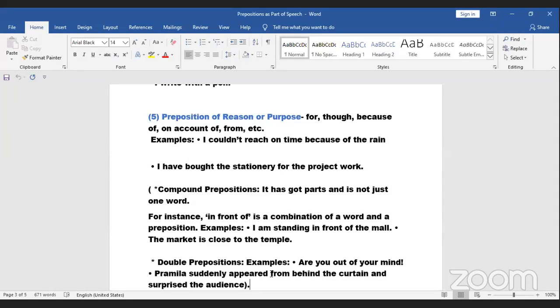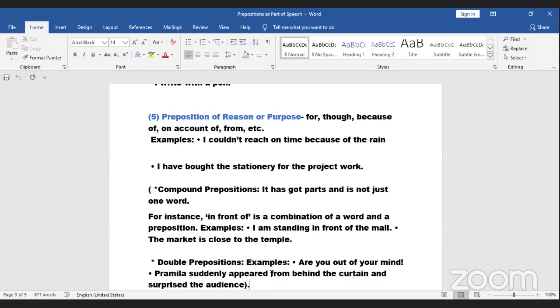So purpose is for. When you want to talk about a goal or an ambition, like I am learning Sanskrit for my college, that's a goal. For college studies, you need Sanskrit. That is why you are studying Sanskrit now. So purpose is there. And also, yesterday I told you about destination.